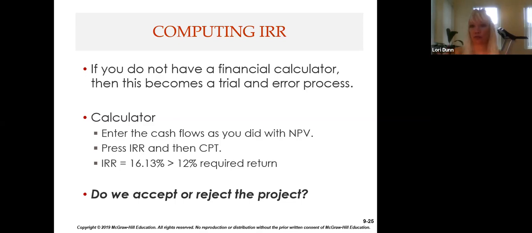Would it be a positive or a negative dollar amount? If the net present value of our cash inflows brought back to present value is more than our cash outflow, it was positive, and we would probably take on the project. If it was opposite, it would be considered negative.